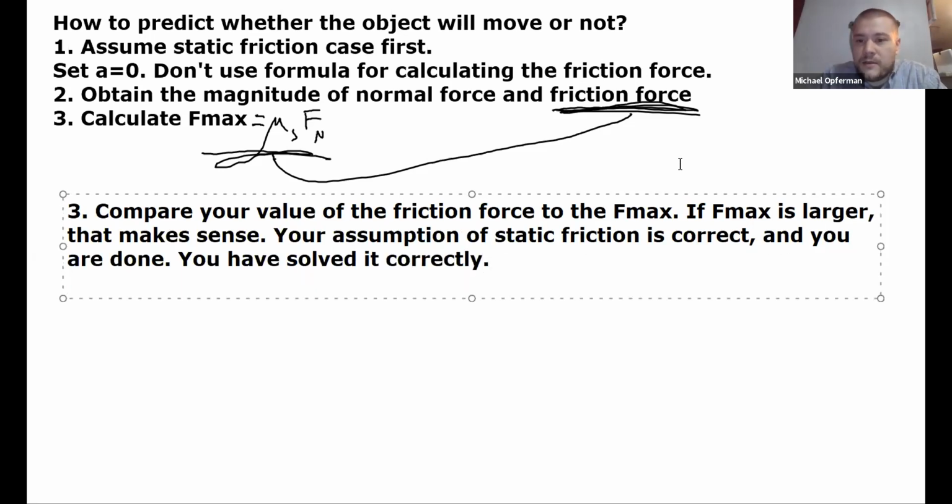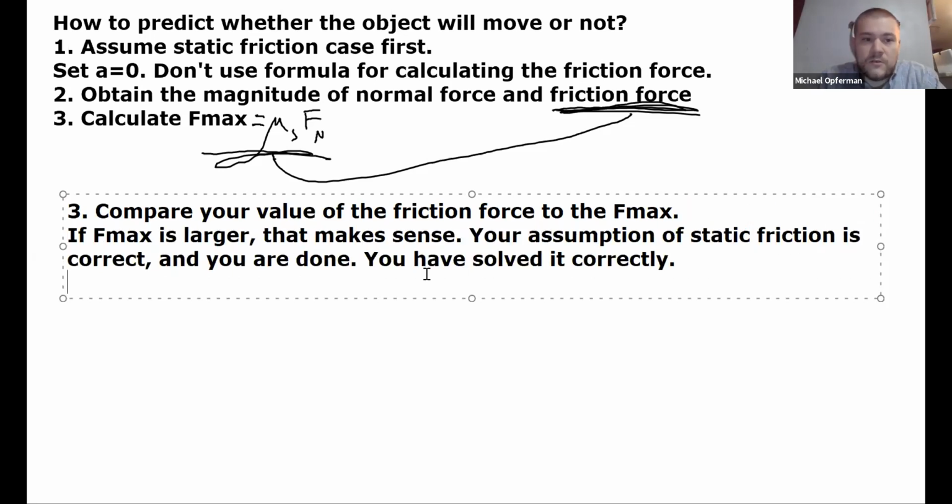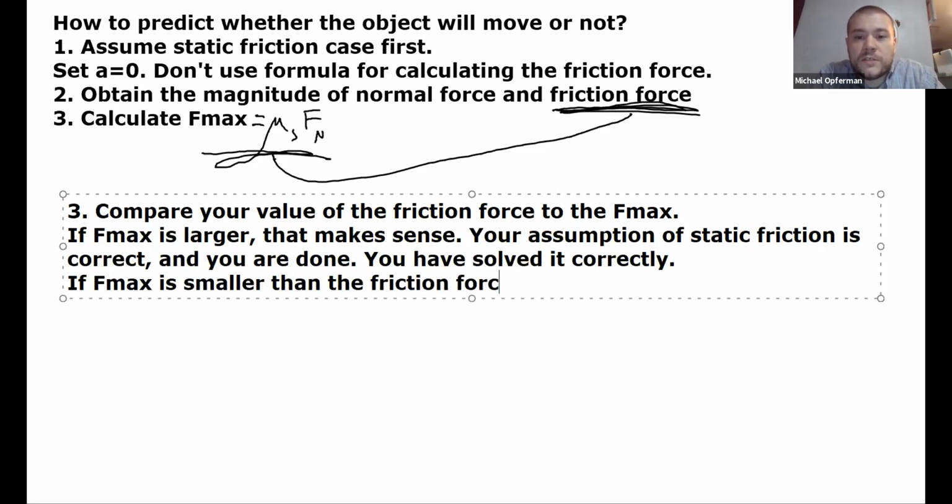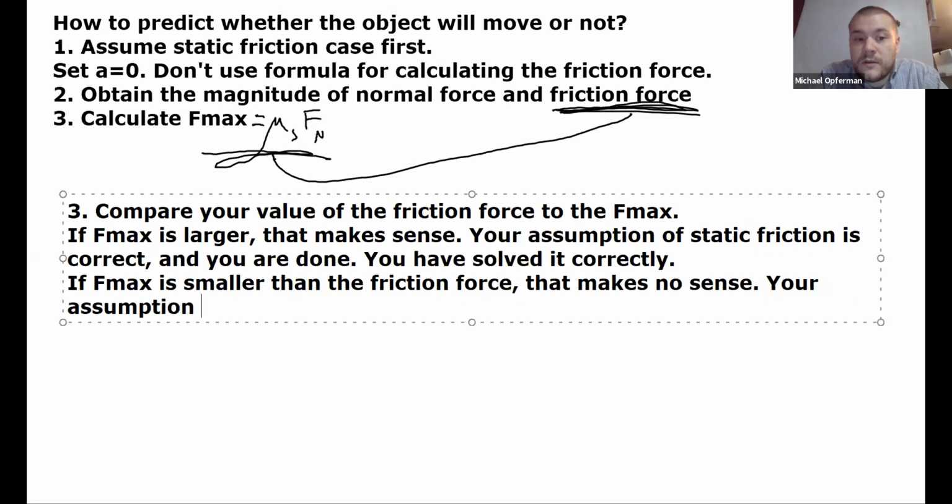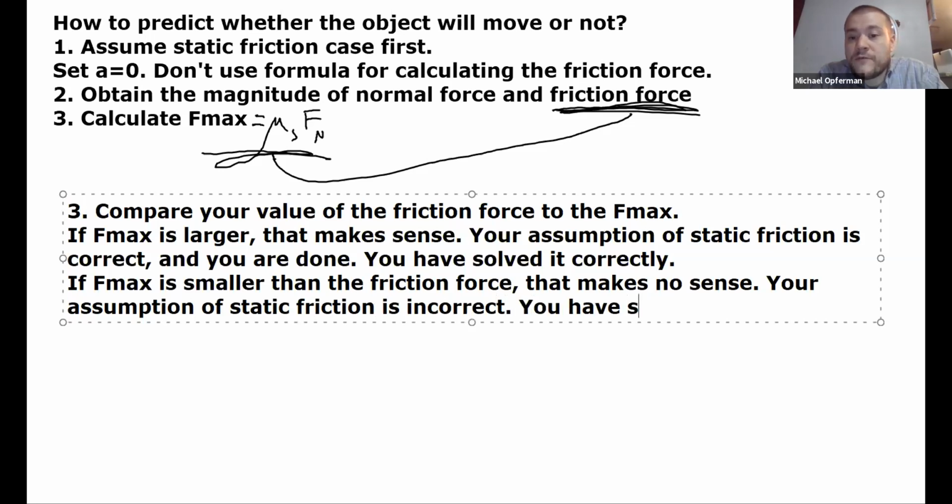If, on the other hand, F max is smaller than the friction force, that makes no sense. That cannot be. Something is wrong, and what went wrong is your assumption of static friction is incorrect. You have solved it incorrectly.